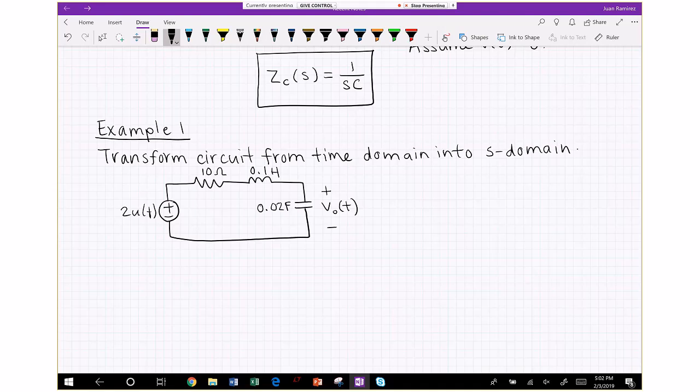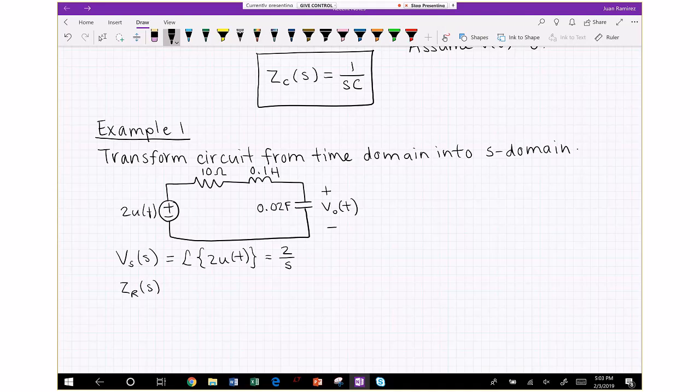Alright, so let's take the Laplace transform of each component, or represent the component in the Laplace domain. The input we'll call Vs of S, for source, and that'll be the Laplace transform of 2u(t), which is simply 2 over s. We represent resistors, inductors, and capacitors with an impedance.